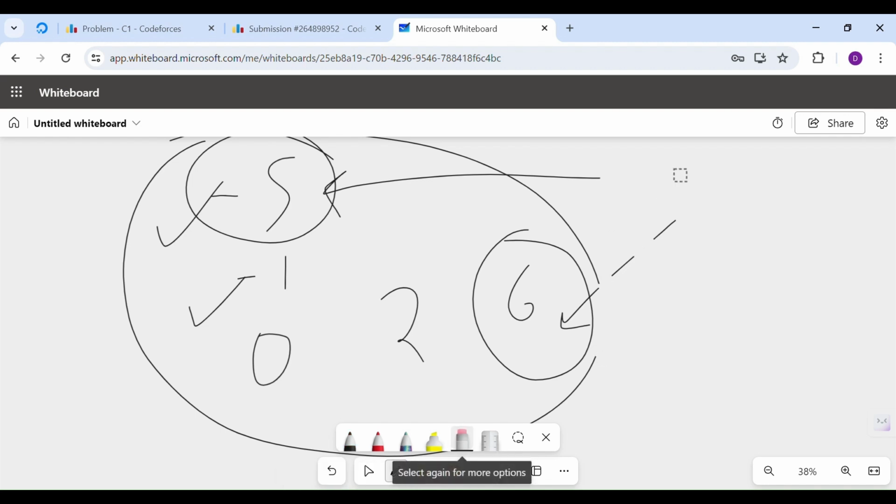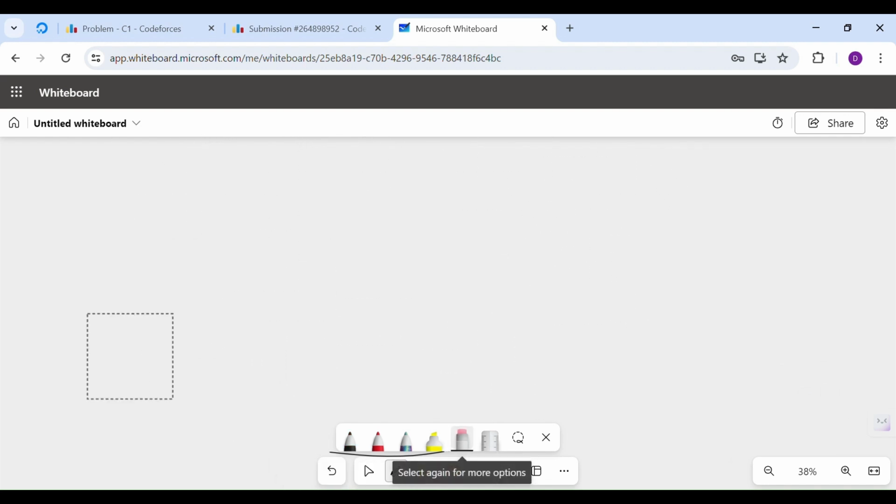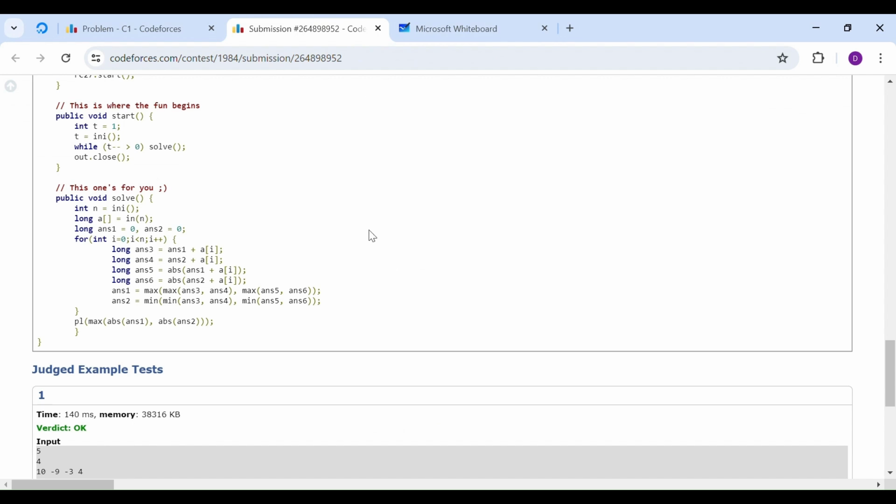Okay, this is what I thought of. So implementation is quite simple. You find four answers, which are answer 1 and answer 2, plus a_i and modding a_i. Then answer 1 becomes the max of all of these answers. Answer 2 becomes the min of all of these answers.